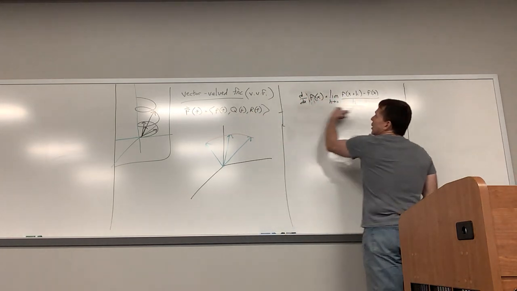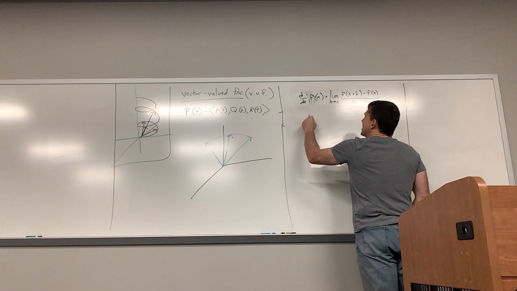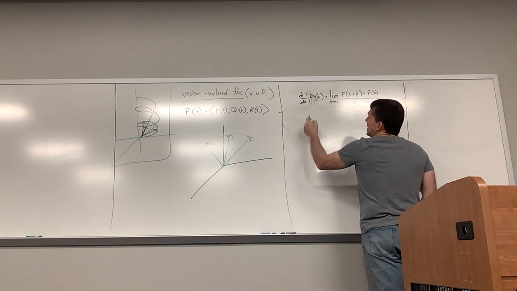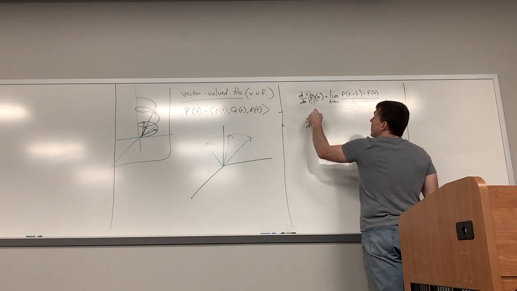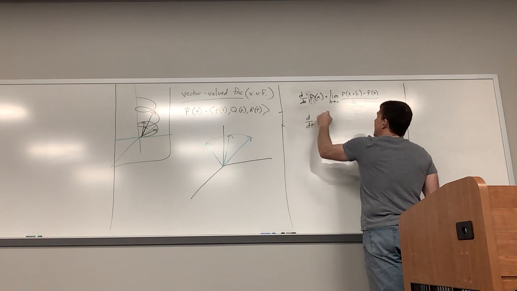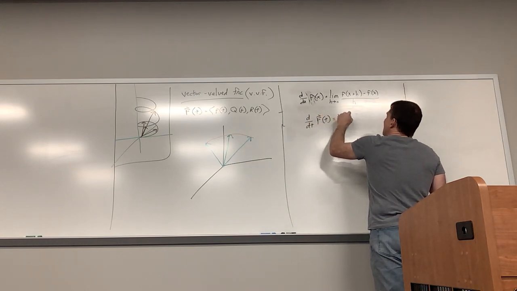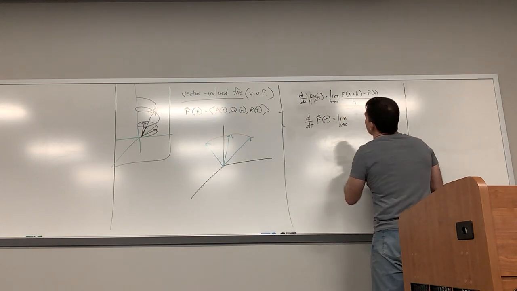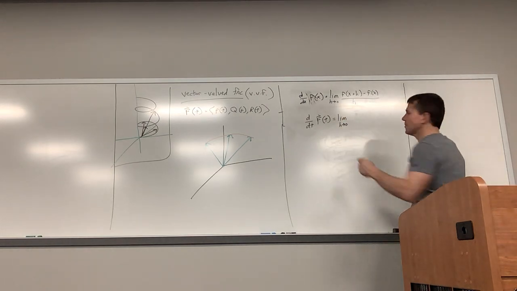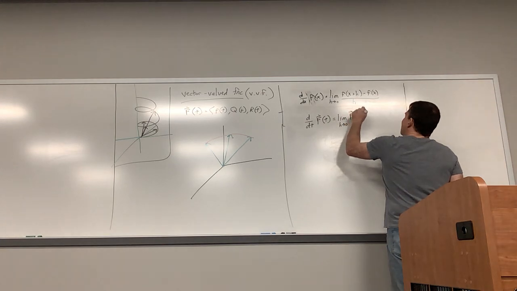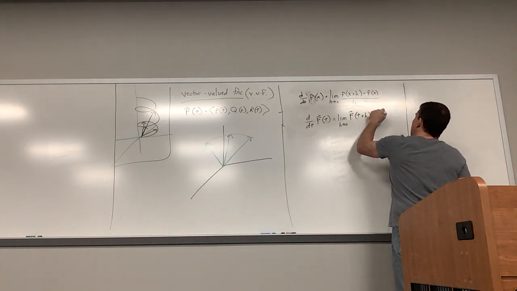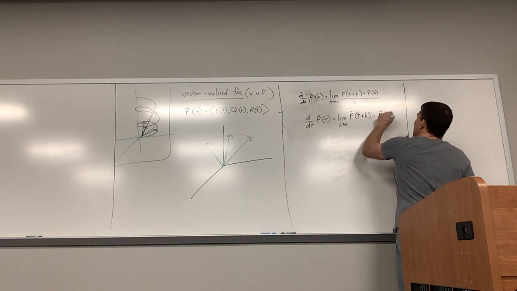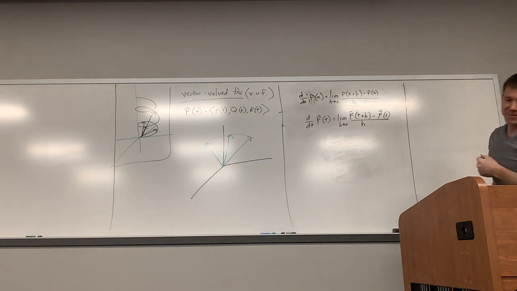So the logical expansion is to say the derivative d dt, since we're using t not x, of f of t is equal to the limit as h approaches 0 of f of t plus h minus f of t, all over h, using the book's notation.